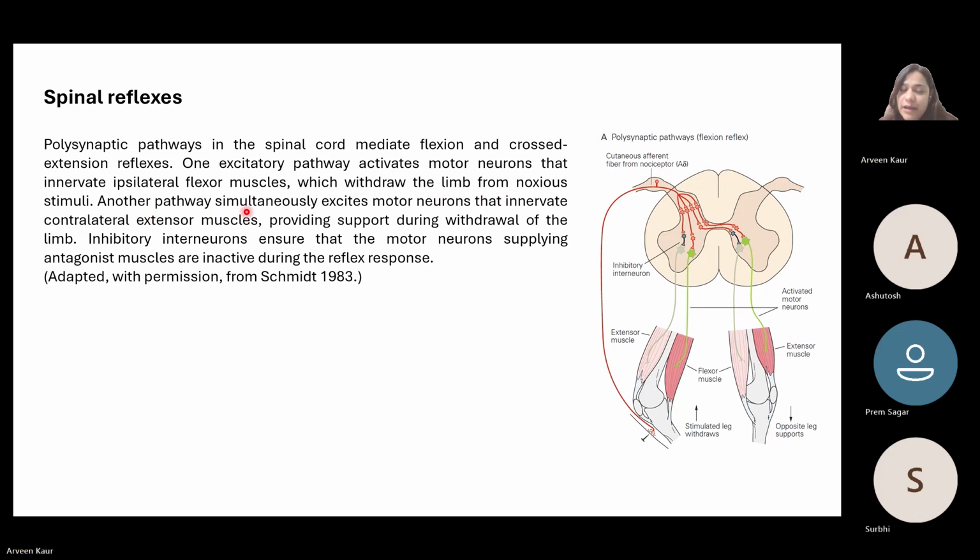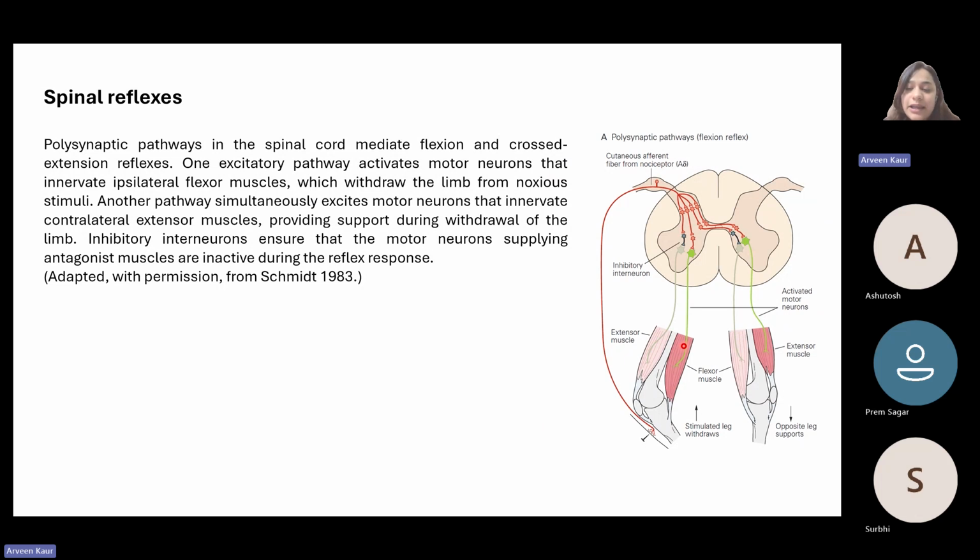Another pathway simultaneously excites the motor neurons that innervate the contralateral extensor muscle over here, providing support during the withdrawing of the limb. Inhibitory interneurons ensure the motor neurons supplying antagonist muscle are inactive during the reflex response, right? So it has to make sure that this is not giving the response. There are inhibitory interneurons that are playing that role, right? But this is getting the response.